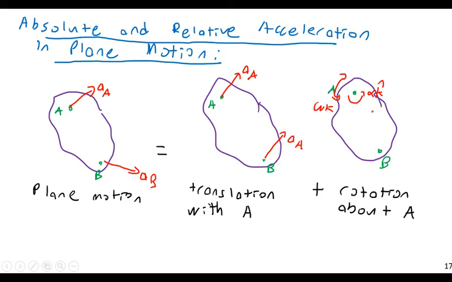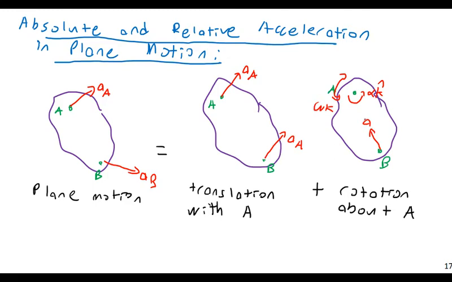This would be something like this here. Let me see this. B with respect to A. So maybe this here would be A of B with respect to A here.